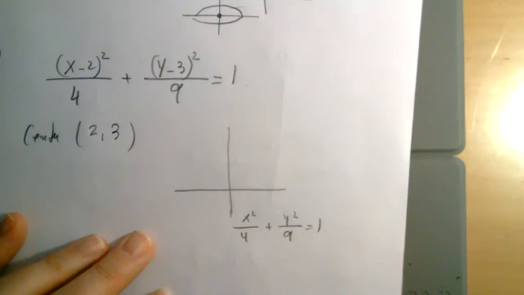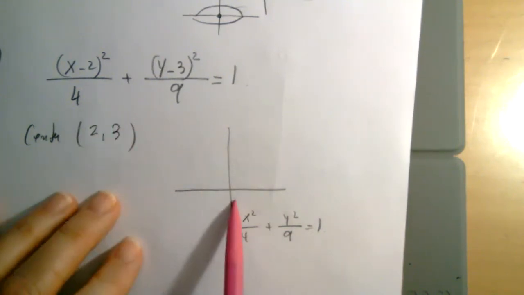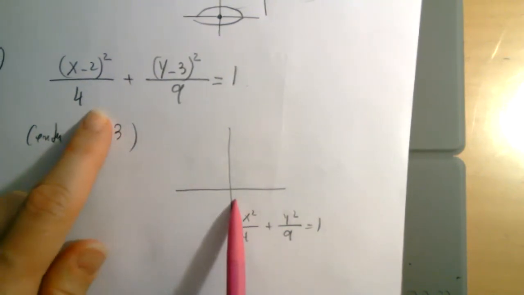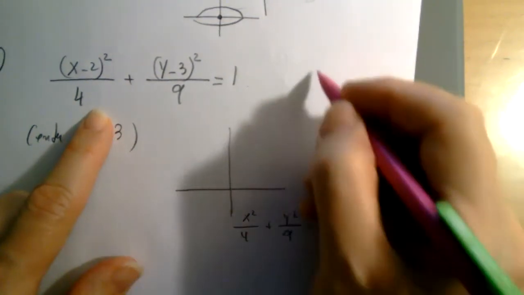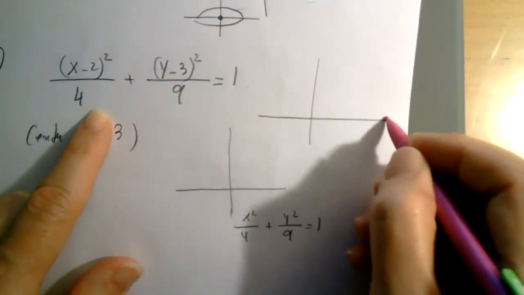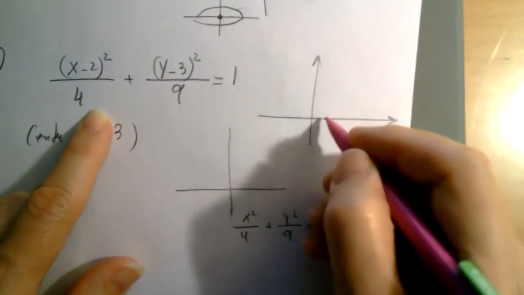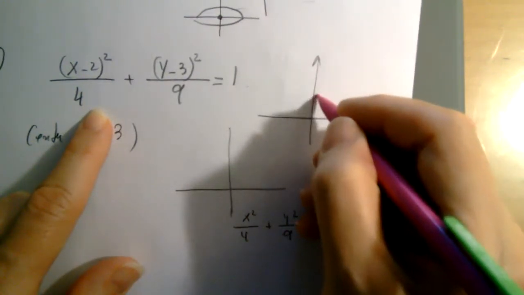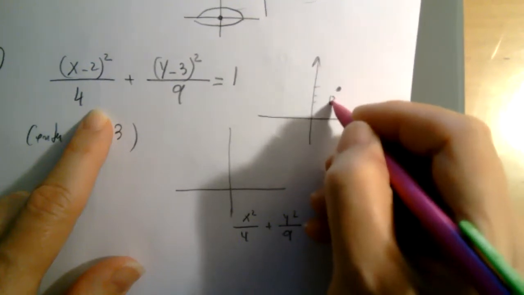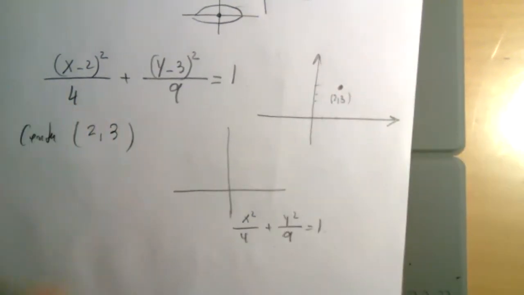Thank you. All right. So the idea is, you start with the standard one, and then we're going to shift it so that the new center is (2, 3). That will be the new center. Now, x squared over 4 plus y squared over 9, we know all about it.